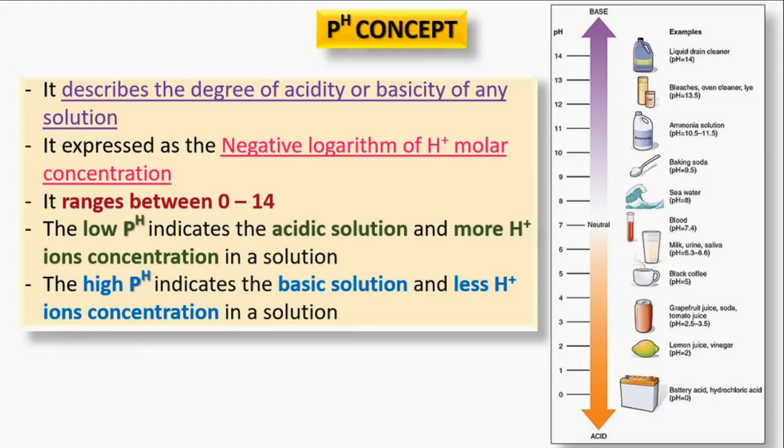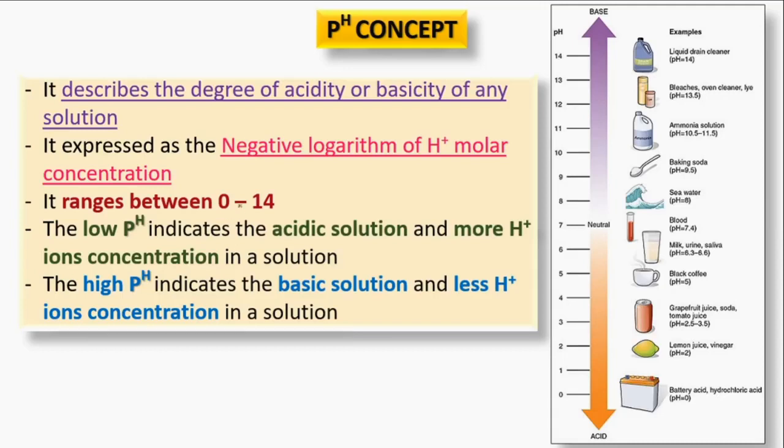It is the measurement procedure of the acidity or basicity of any solution or substance. That means the degree of the nature, and it is expressed as the negative logarithm of the total hydrogen ions present in that solution.